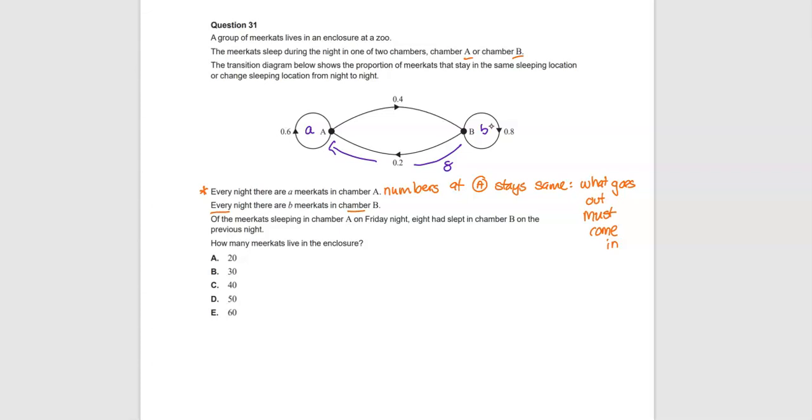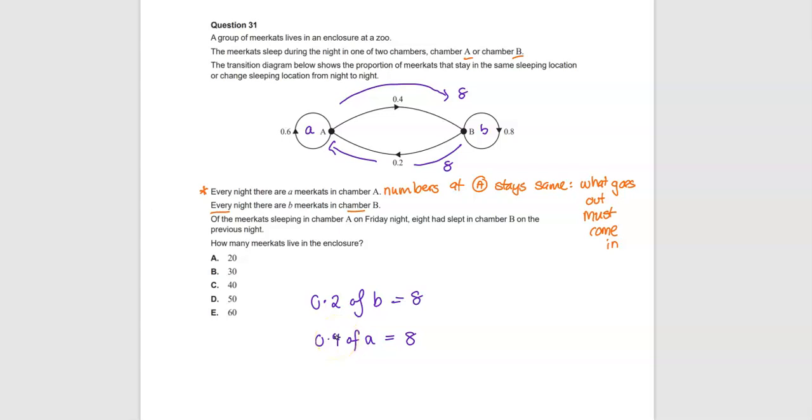So really what we can say is 0.2 of the B amount equals 8. And remember, if 8 went out, then 8 went in. So then you can also say 0.4 of A equals 8.